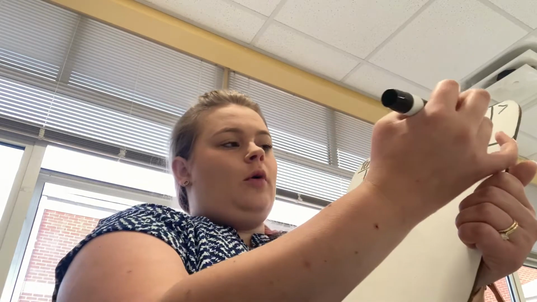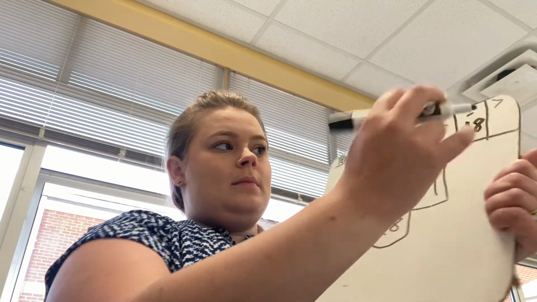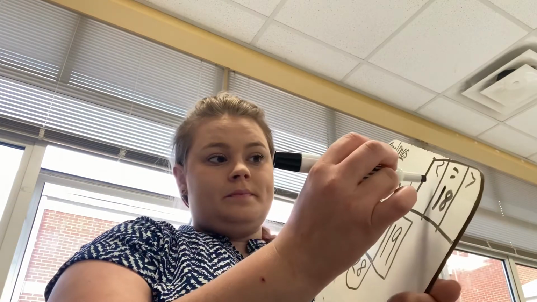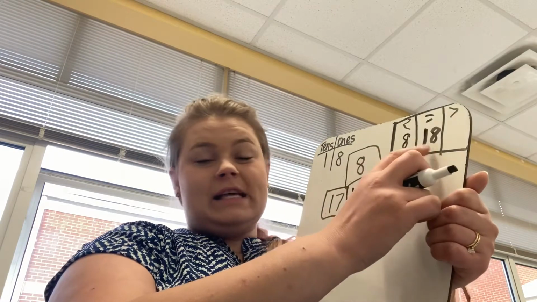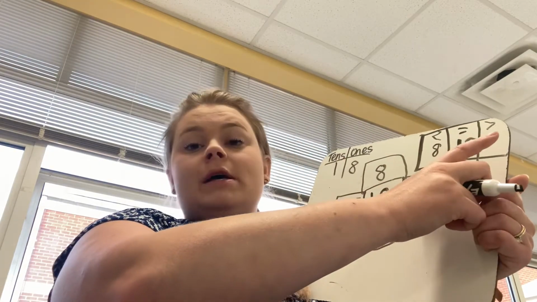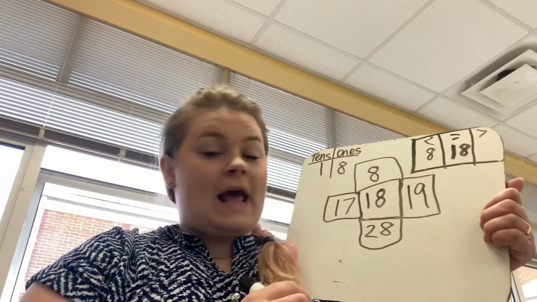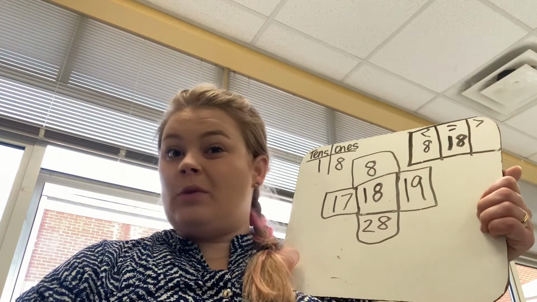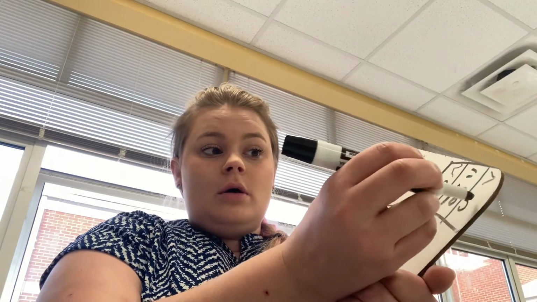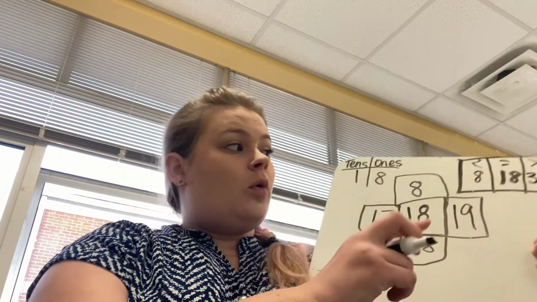So in the middle, I'm going to write 18. A number that's less than 18 is 8. We know that 8 is less than 18, right? And now I need to think about a number that's greater than or bigger than 18. I'm going to do 30 because I know that 30 is greater than or more than 18.